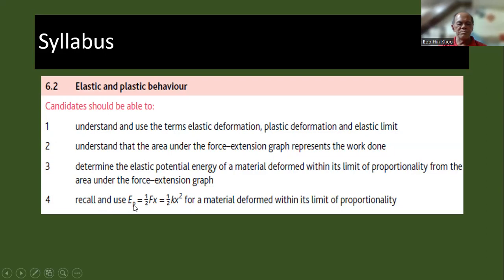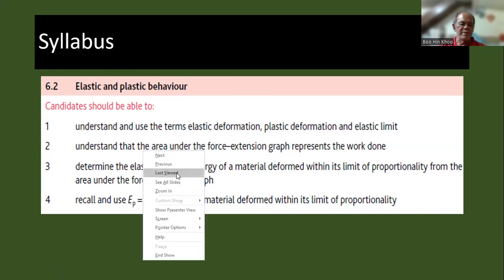Recall and use the potential energy formula, half Fx, half Kx squared, of material deformed within its elastic limit of proportionality. Okay, in fact, we have covered most of that. Actually, we will review that.